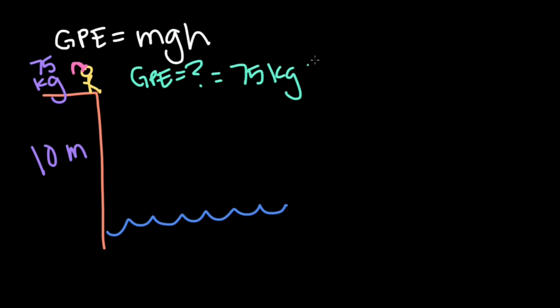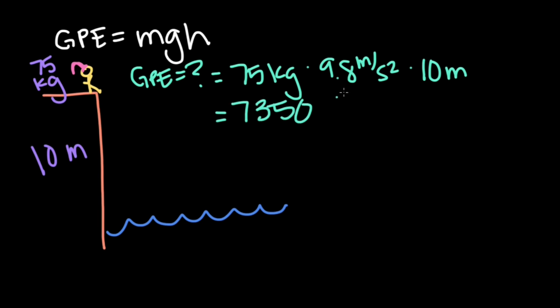The acceleration due to gravity is 9.8 meters per second squared, and her height is 10 meters above the surface of the Earth. So if you multiply this out, you'll find that it is 7,350 kilograms meters squared per second squared. Now this unit is kind of a mouthful, so there's actually an equivalent unit that we can use that's just called a joule. So 7,350 joules is her gravitational potential energy standing at the top of the cliff.